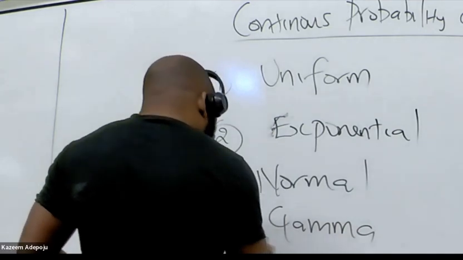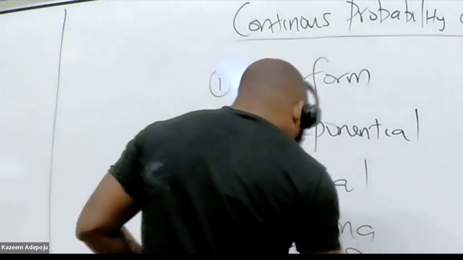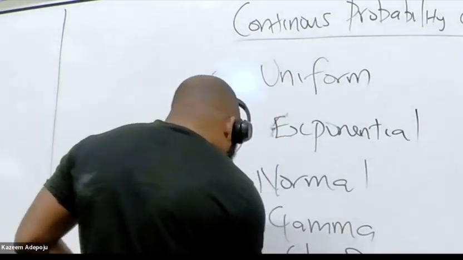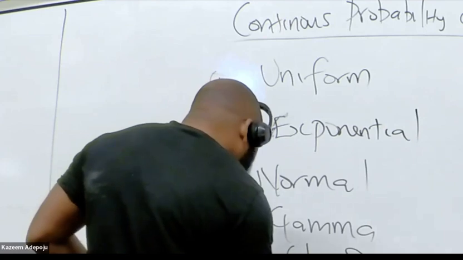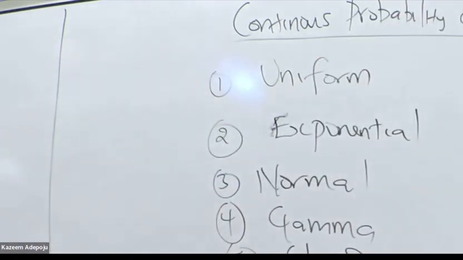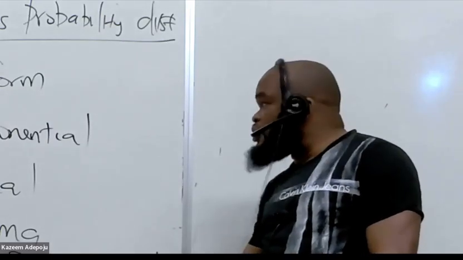We did chi-squared. We did beta. We did T, and we did F. How many continuous distributions? Looks like 8, right? We did all this.